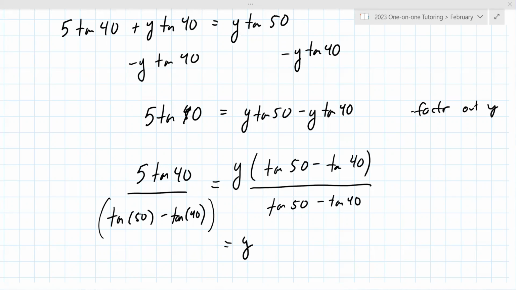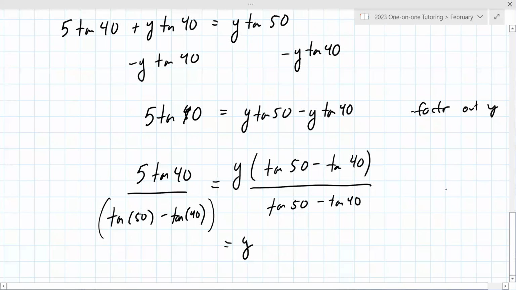Let me know what you come up with. I got negative 18.38. So we know that can't be right for a couple of reasons. Distance can't be negative.